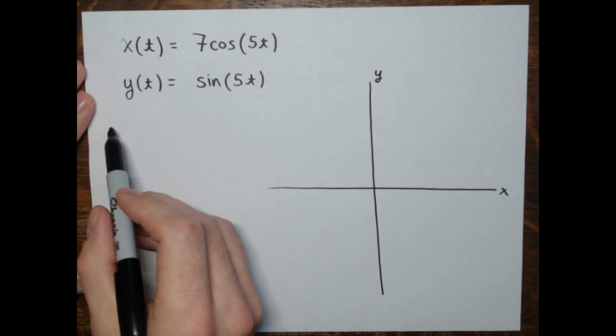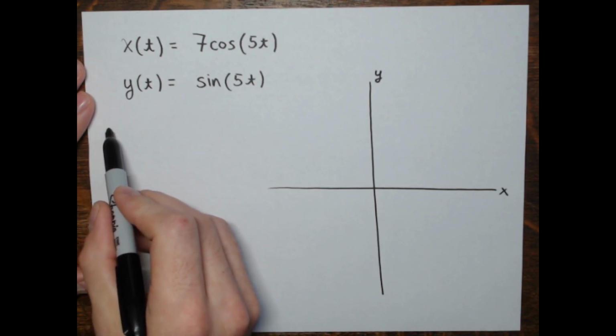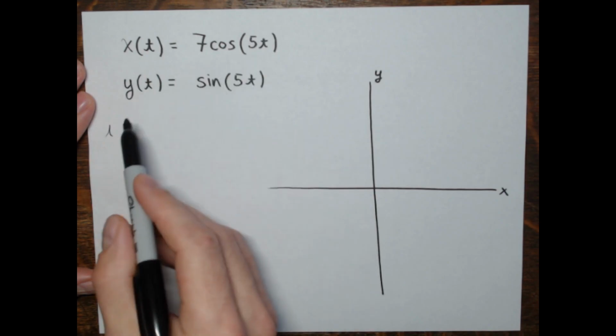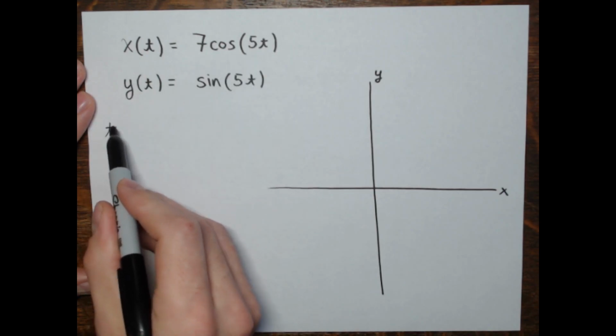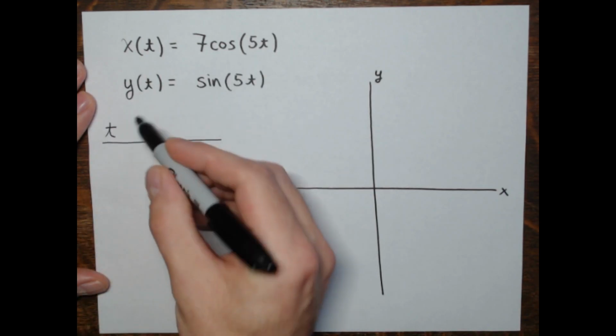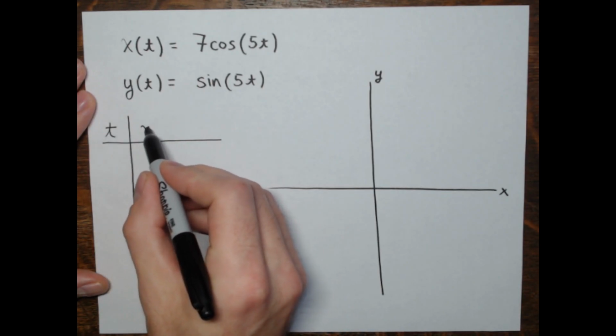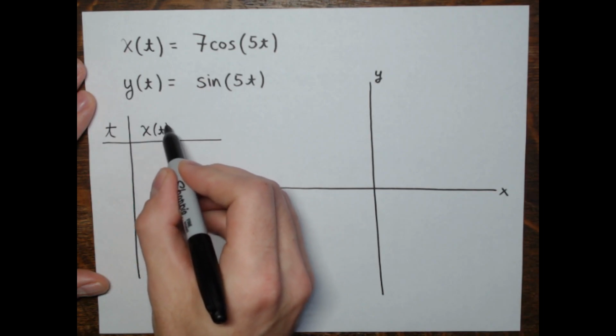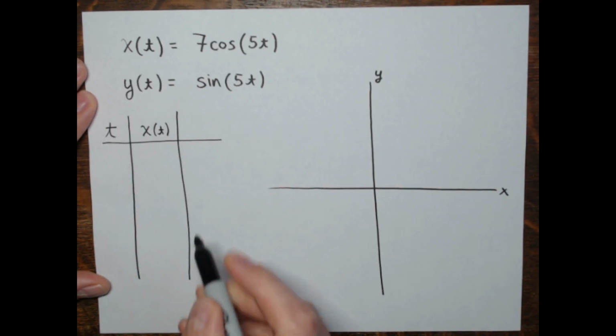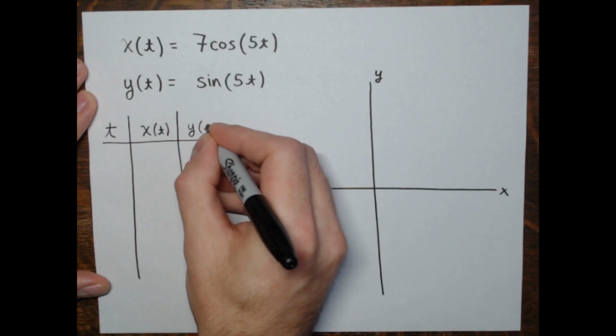You've got these three variables now. Your inputs are all t, this value of the parameter t. So I'm going to make a table, and for each value of t, there's your x coordinate, x of t, and also the corresponding y coordinate, y of t.